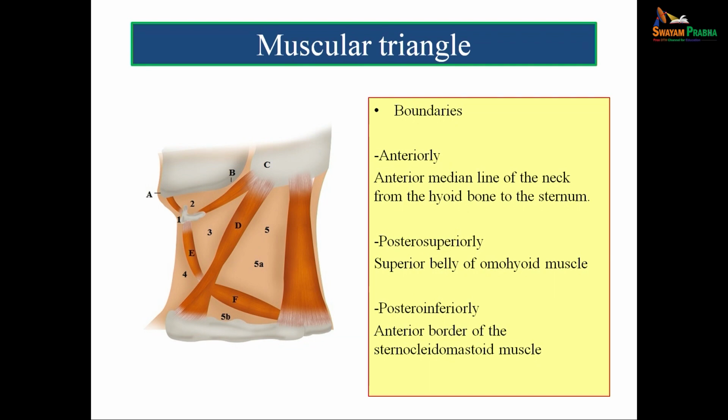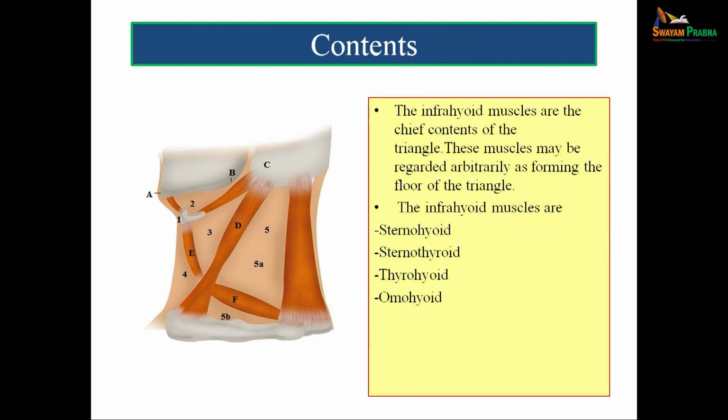Passing from the hyoid bone to C is the posterior belly of digastric, and passing from the hyoid bone to the chin is the anterior belly of digastric. So, this is how the 4 triangles are demarcated as subdivisional triangles in the anterior triangle of the neck.